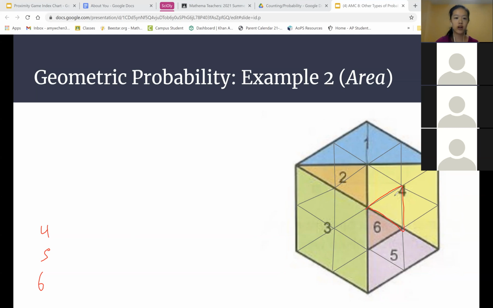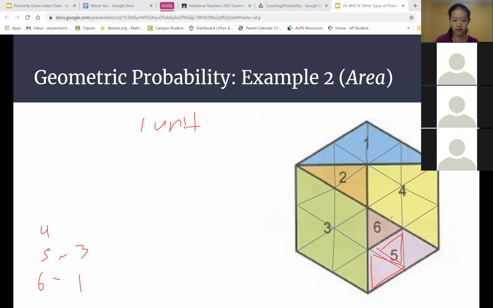We can call each of those triangles 1 unit. It doesn't really matter. So for example, the area of number 6 would have an area of 1 unit because it's just made up of one of these triangles. But then section number 5 would have an area of 3 because it's made up of 3 of these little triangles.